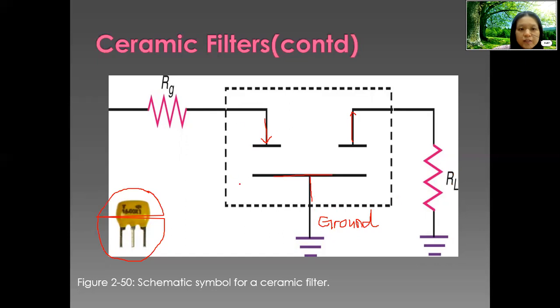The vibration in the ceramic will generate the frequency, and the ceramic filter is normally used for the intermediate frequency in the transmitter and the receiver.